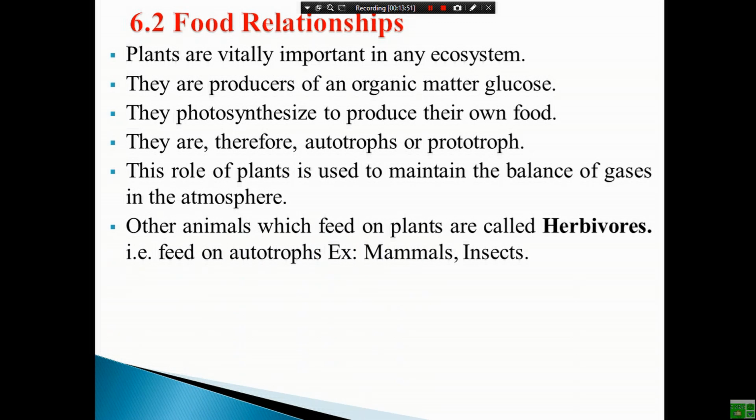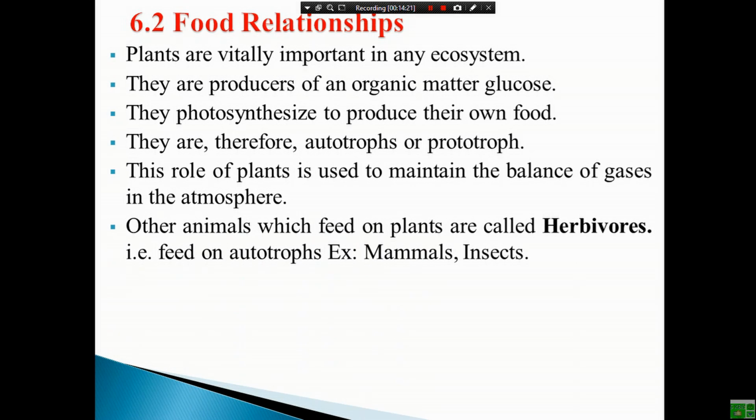On the other hand, there are animals which feed on plants, called herbivores. Those herbivores are grouped under heterotrophs. Heterotrophs are different-food feeders. Heterotrophs means they are consumers. Heterotrophs are chemotrophs, non-photosynthesizing groups, or parasitic or saprophytic groups, chemical feeders, organic feeders.